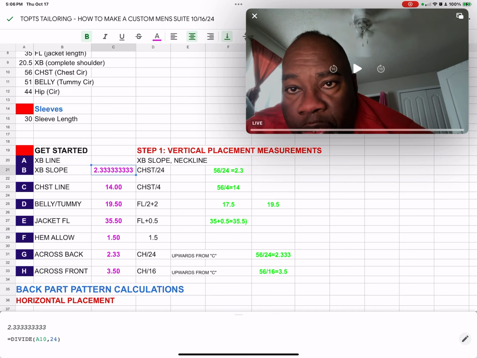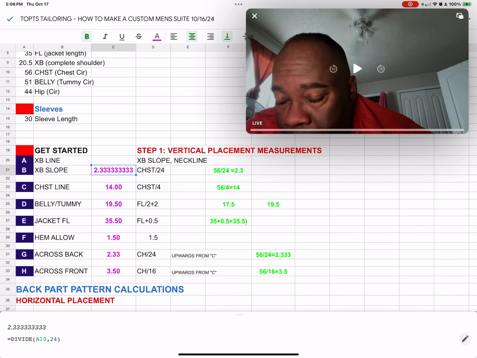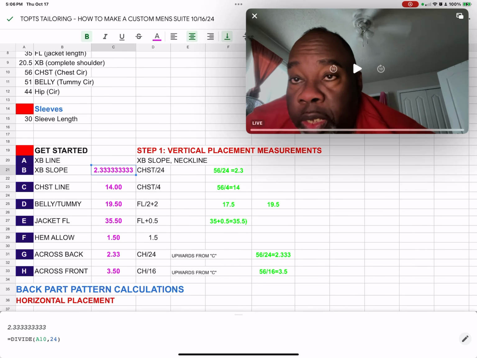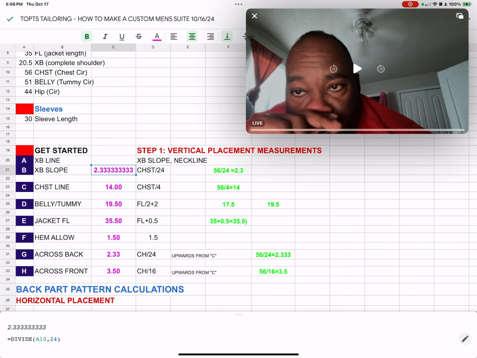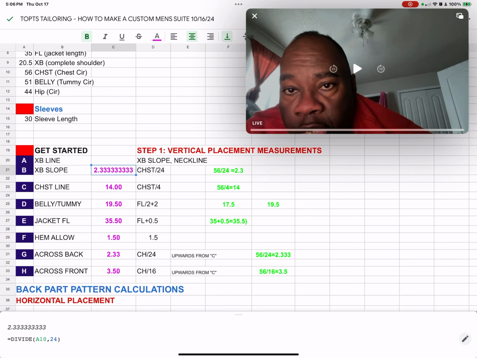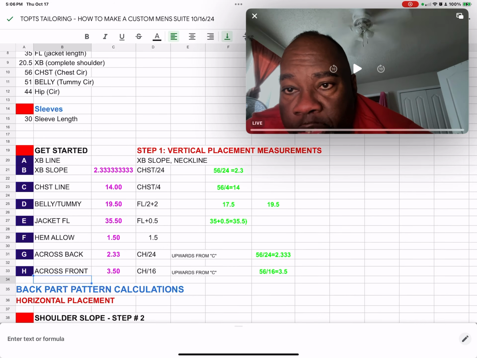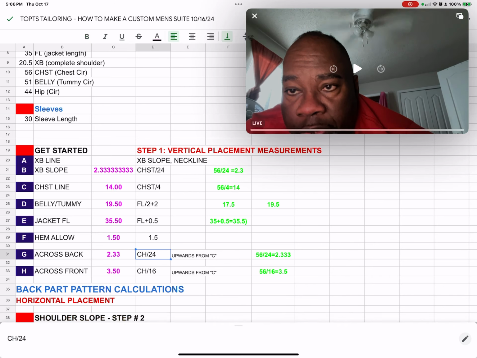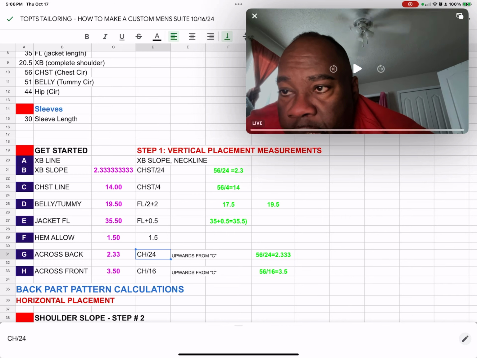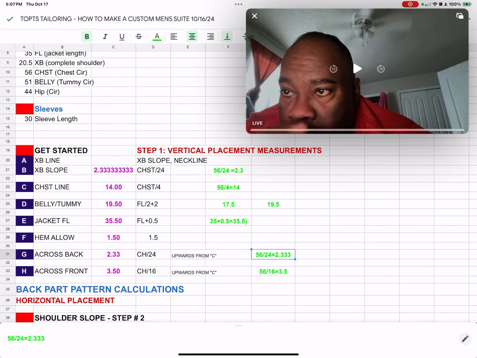E is the jacket full length, which is 35, and then 0.5 for the seam allowance, so 35 plus 0.5 is 35.5. The hem allowance is always going to be 1.5, as you use. The across the back is the chest divided by 24, which equals 2.33.